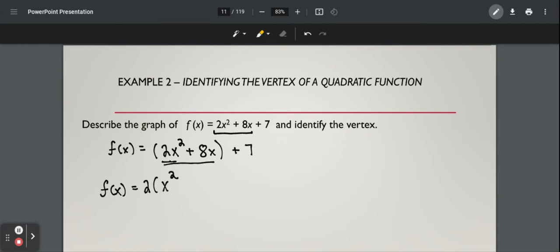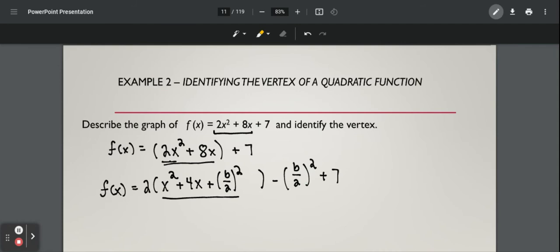So we have x squared plus 4x, and now we're going to have to do something with this. So in order for this to be a perfect square trinomial, we need to add our b over 2 squared to it, which means if we add b over 2 squared, then we also are going to have to subtract b over 2 squared, and then we're still going to have plus 7.